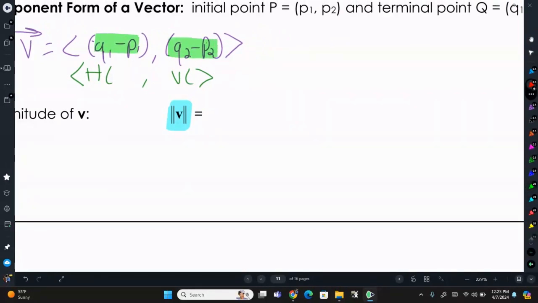So in component form, it would just be your horizontal component squared plus your vertical component squared. Okay, so once you get that into component form of the vector, getting the magnitude or the distance is pretty easy.